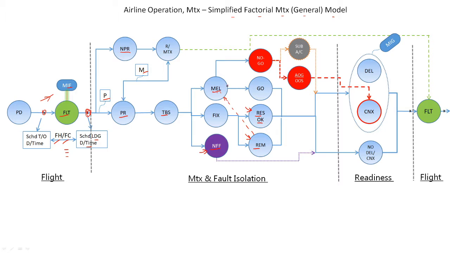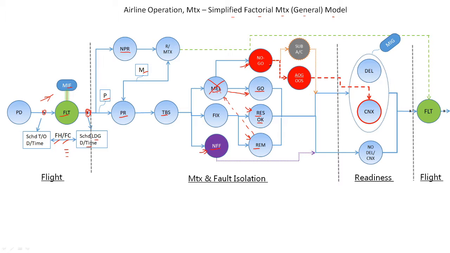So when we have time. And this brings us to the go condition or go state. So we can fly 10 days with this failed sensor, with this failed LRU. If the item is not MELable, then we have a no go condition, no go state.